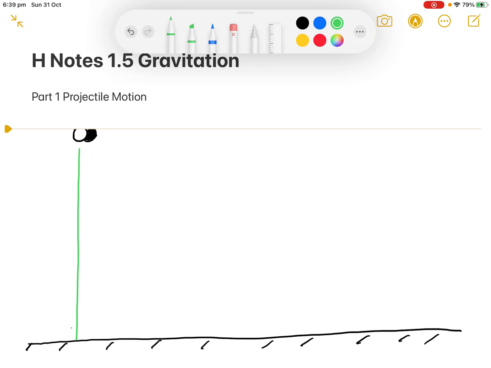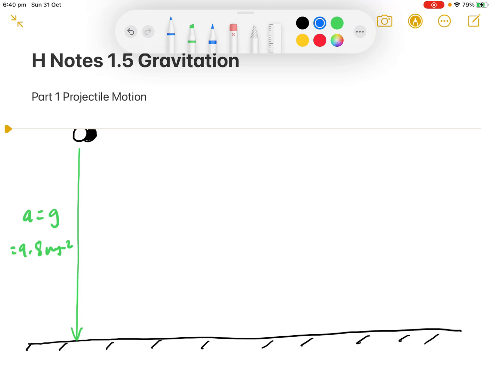Well, it would fall straight down like that, and its acceleration would be uniform and would be g, which is 9.8 meters seconds to the minus 2. So that's the white ball bearing. The black one is projected horizontally, let's say.